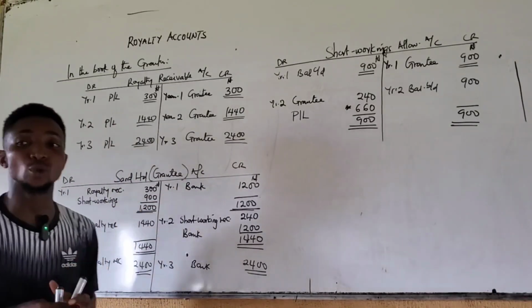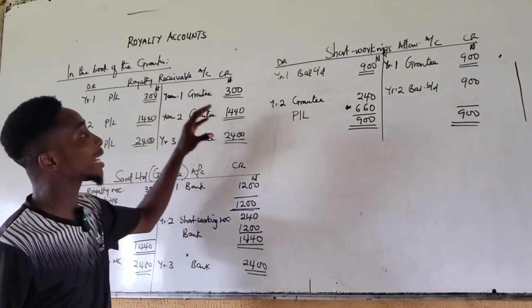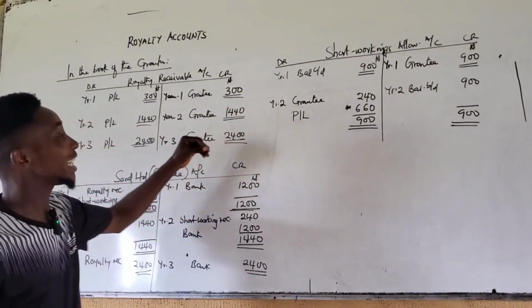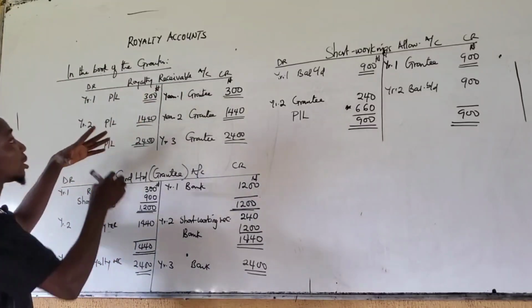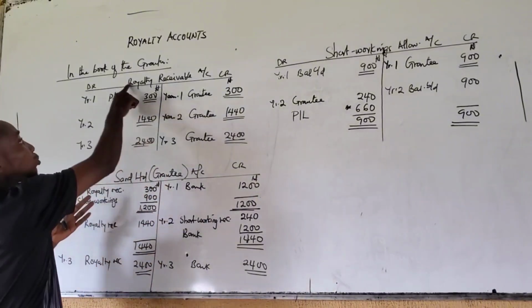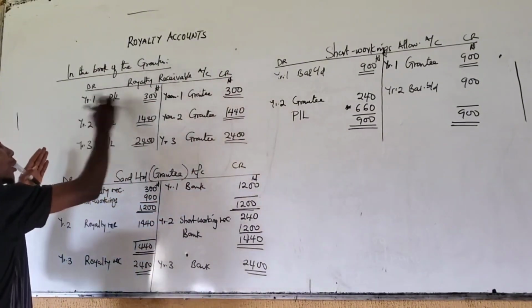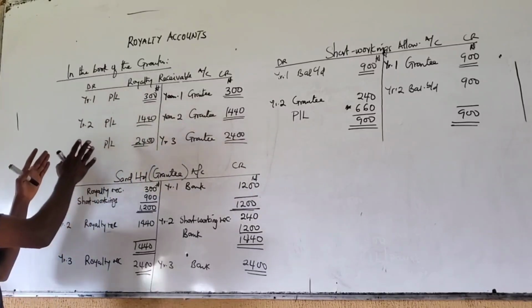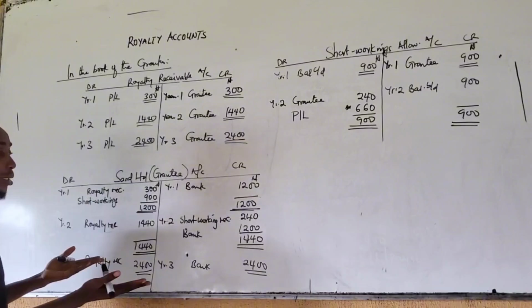So if you are asked to prepare this same question to show the accounting posting in the book of the grantee, it is just the opposite transaction. In the book of the grantee, this will be royalty payable account. Everything here will be on this side with the particular as what? Grantor. Then this P&L will be on this other side. The same thing.